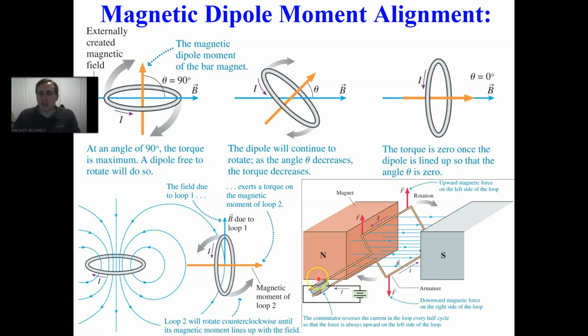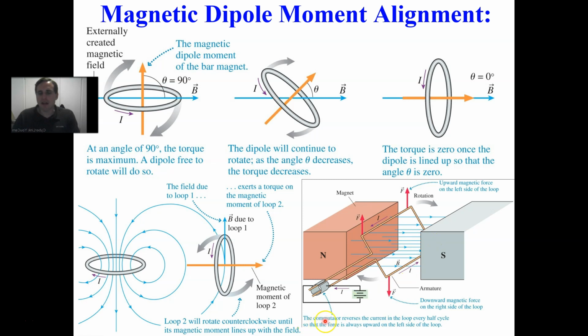Now, here's an example of an electric motor. Notice that an electric motor has a force upward, a force downward, but it's at a radius to this shaft, and it's producing a torque. Notice there's a strong magnet here with the magnetic field lines running from north to south. Okay?